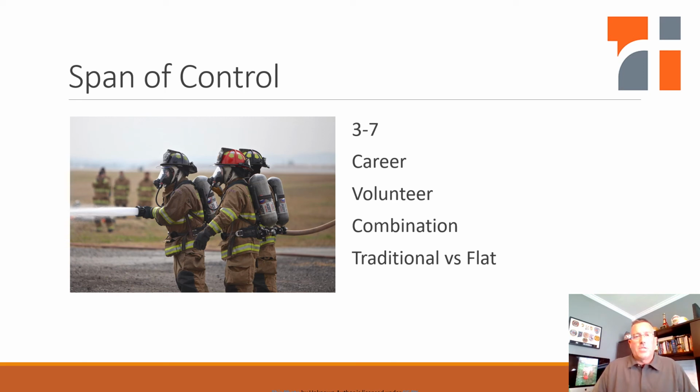So as an example, once it got to 10 people being supervised by one person, they may split that up, and then now you have 2 supervisors over 5 people each. That was a traditional way of doing an organizational chart. Today, especially in business and industry, they tend to flatten that out. So that span of control is larger before they add that level of management. In the fire service, we can't do that.